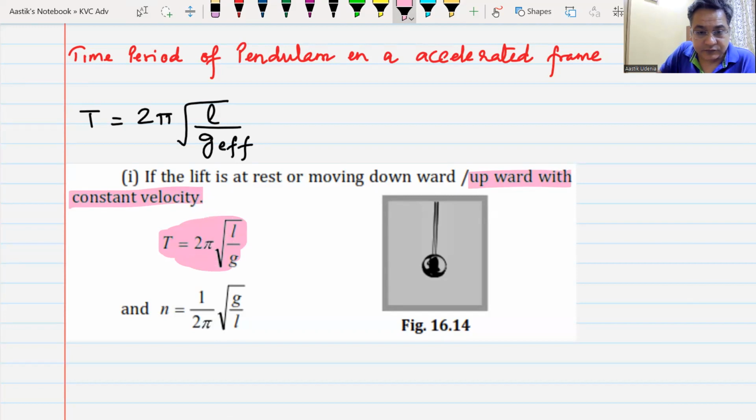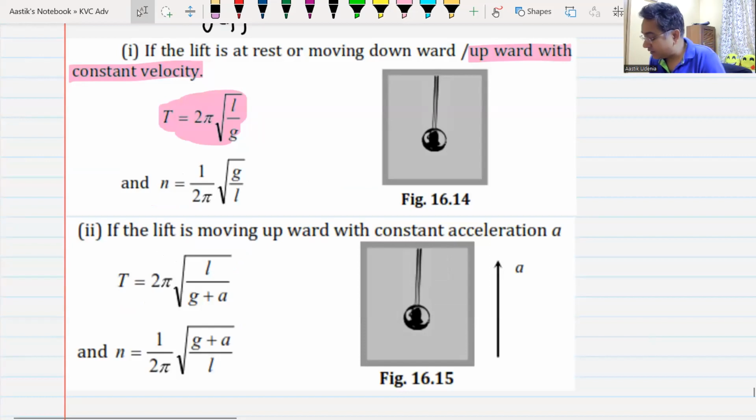But if your lift now starts to move up with a constant acceleration A, then it is an accelerated frame, so you have to apply pseudo force in the downward direction. Remember pseudo force? Yes, sir. Then your time period will become 2 pi root over L upon G plus A. I hope you are able to understand this.